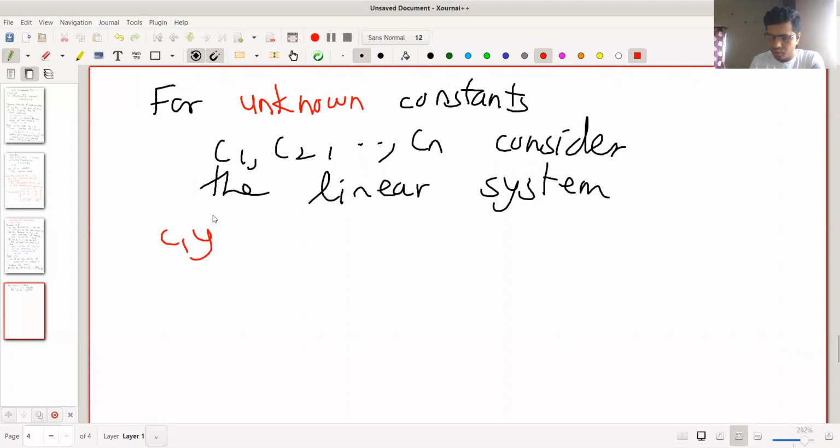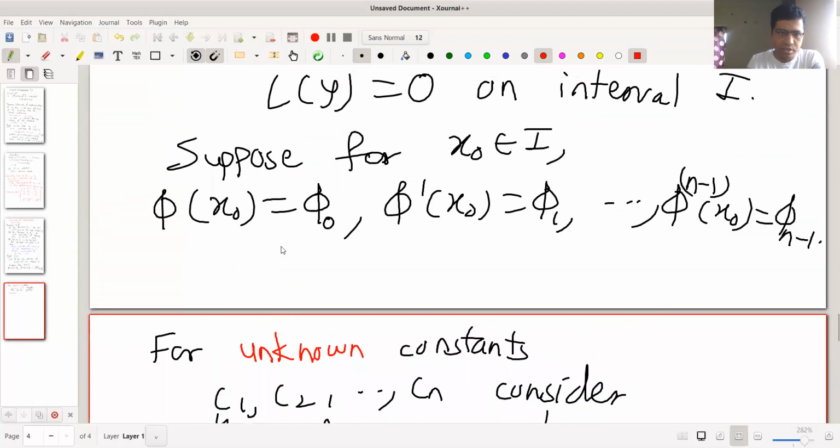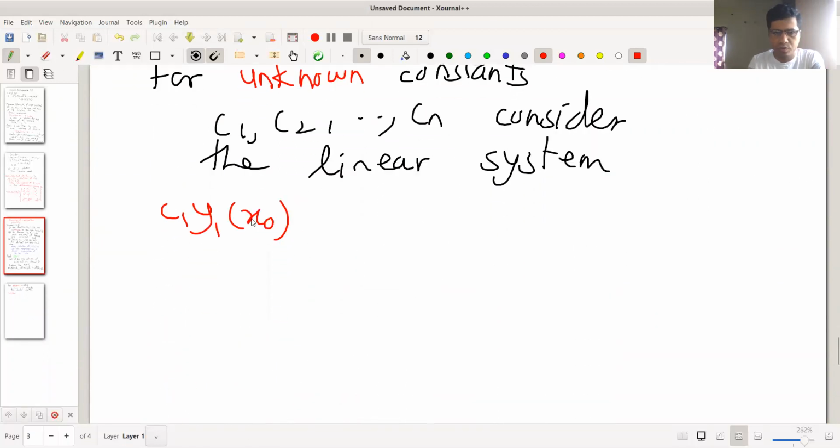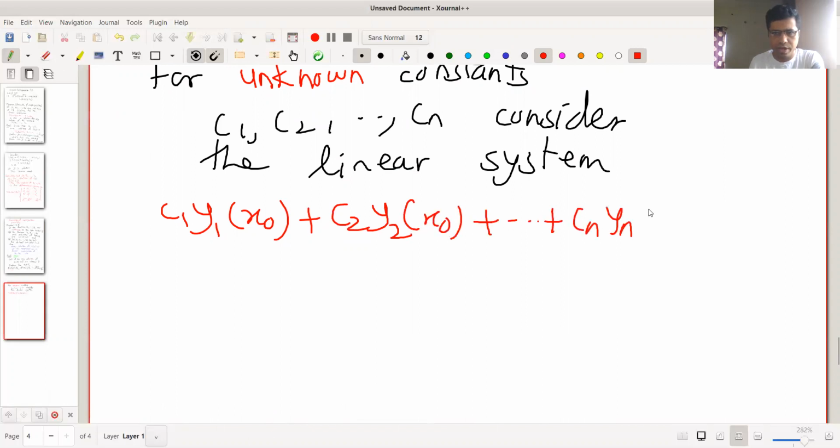C1 into y1 at point x naught, x naught is the same point which we considered here. C1 y1 of x naught plus C2 y2 of x naught plus and so on plus Cn yn of x naught equal to phi naught.